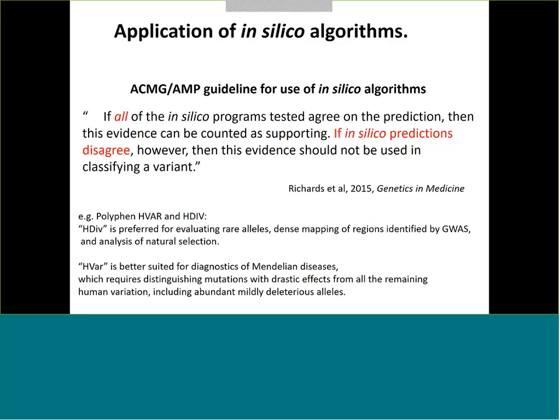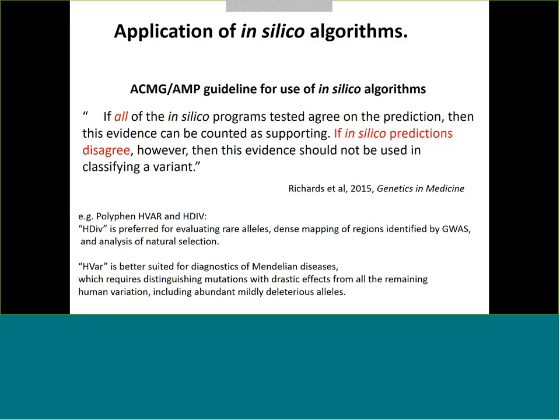HDIV includes a majority of the Mendelian mutations in the training set, so it's probably not best for the kind of variants that you'll be curating using the ACMG-AMP guidelines, and it's more useful, as they say in their user manual, for GWAS studies and natural selection.